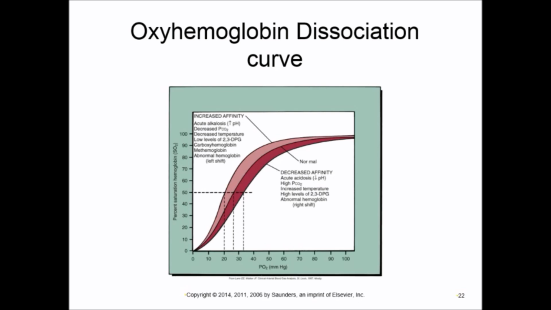Shifting to the left means hold on to the oxygen. So obviously when it shifts to the right, it means you need more oxygen. You want the hemoglobin to let go of more oxygen. When it shifts to the left, it means you don't need a lot of oxygen, so your hemoglobin will keep it. Shift to the right, release. Shift to the left, hold on to the oxygen. Okay?